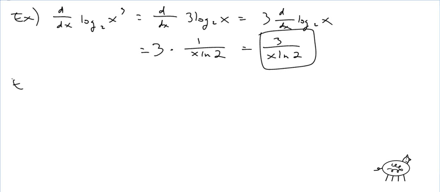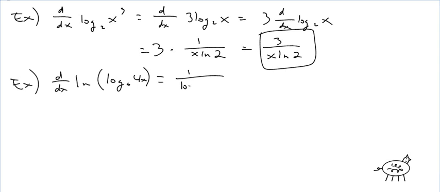Okay, let's do another example here. d by dx of natural log of log base 6 of 4x. We'll definitely use the chain rule here. So this is working from the outside in, so natural log, so it's going to be 1 over log base 6 of 4x.